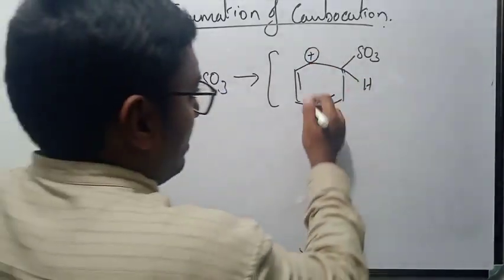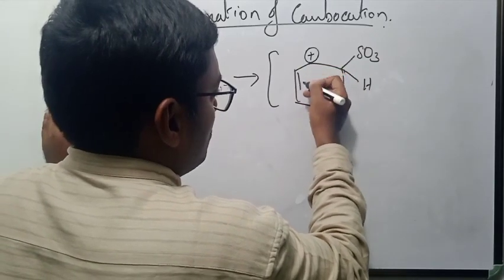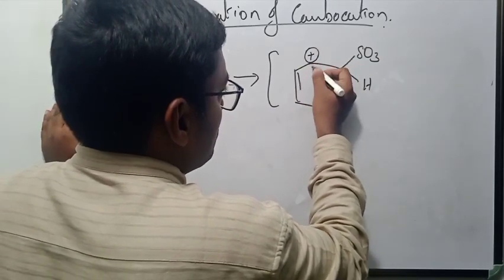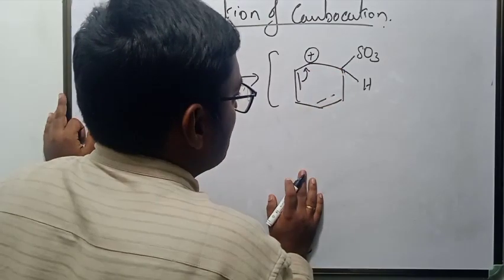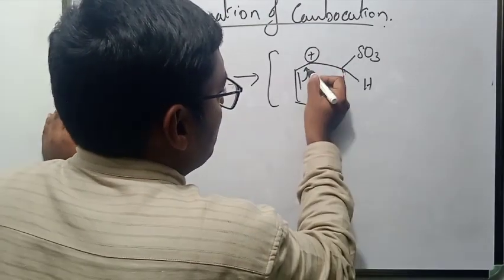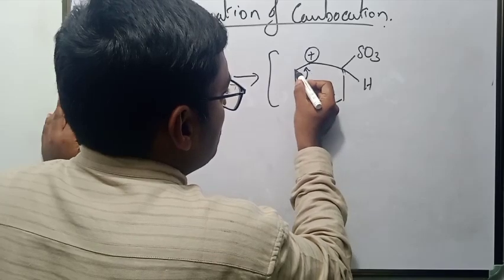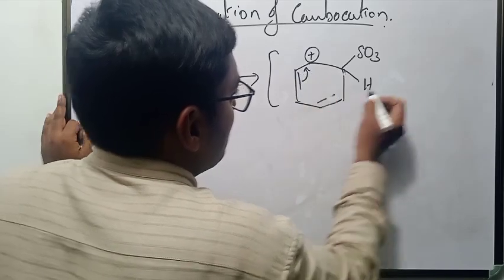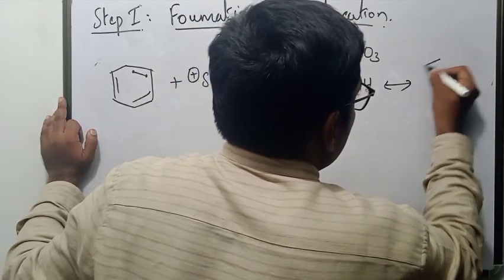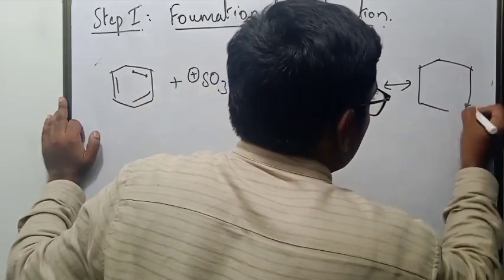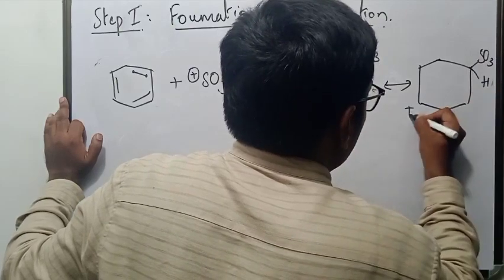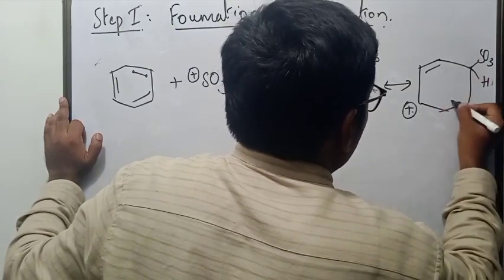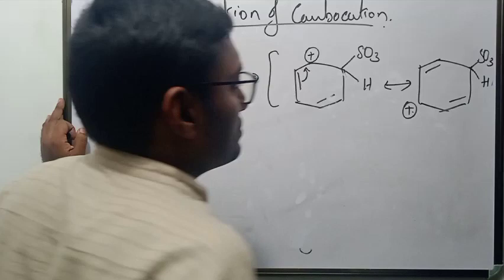Now this is not a stable state. To compensate for the loss, the electron pair will shift from the adjacent carbon. When it shifts from this carbon, the loss is not with this but with this carbon. So the second structure that we get is like this, with a positive sign here and bonds here.